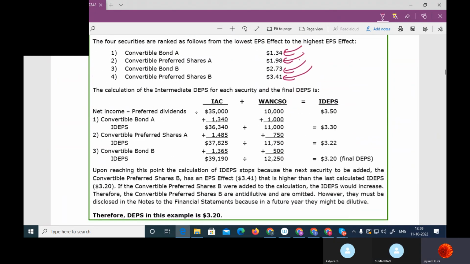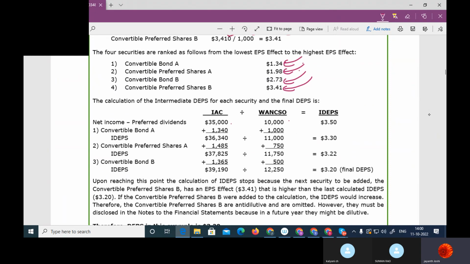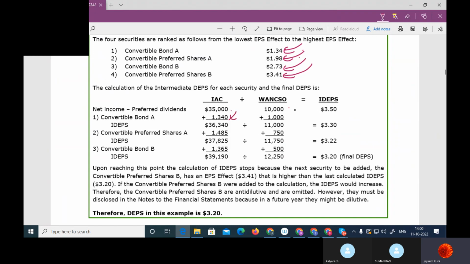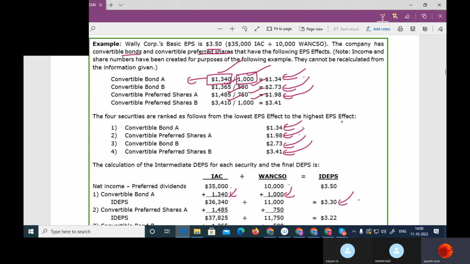This is your net income minus preferred stock, and here the shares outstanding. Then, as per the EPS rankings that you are seeing here, you will be taking each item. That means for 1.34, this will be added here, and this will be added to the shares outstanding. Your diluted EPS is this. Again, you'll go for preferred stock A, which is nothing but 1485 and 750.